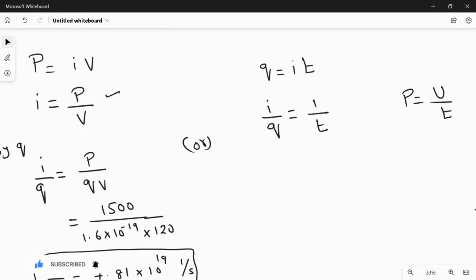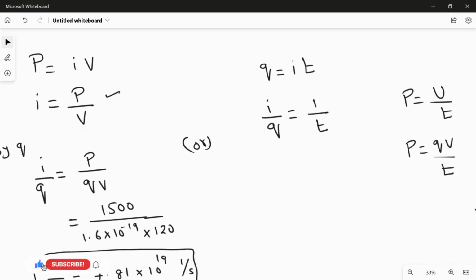And here, what is this energy? In the theory we studied, energy is equal to the charge multiplied by voltage. Better we can rearrange this equation in terms of time, and after that I'm going to substitute this value here.